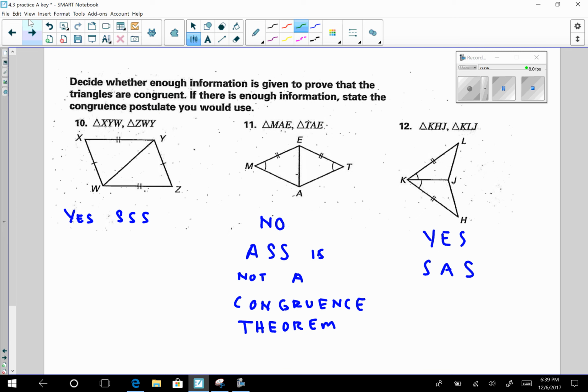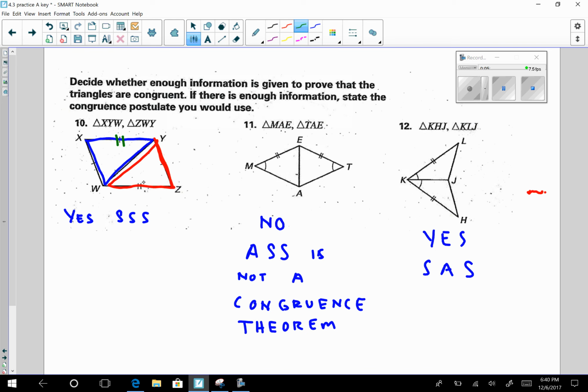XYW and ZWY. So I want to determine if I can prove that triangle XYW is congruent to ZWY. And I believe I can.